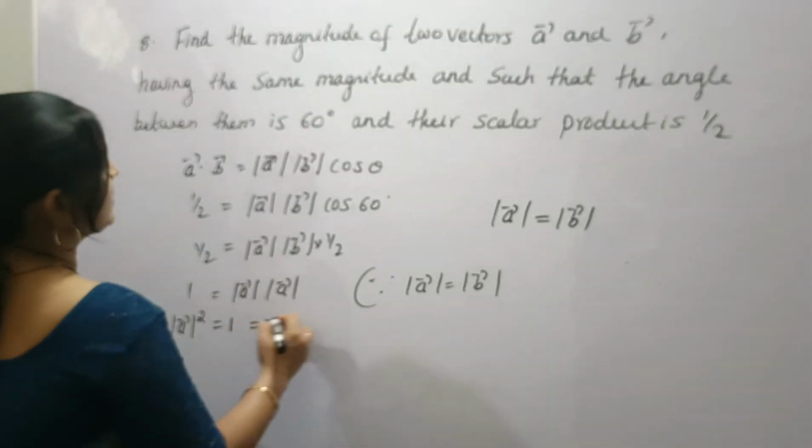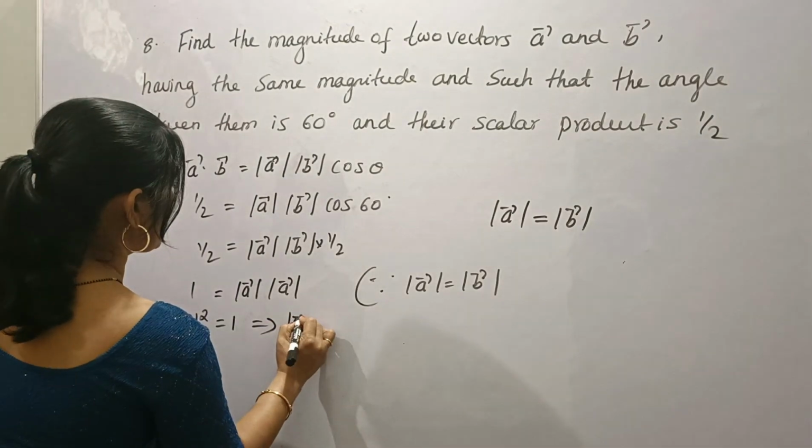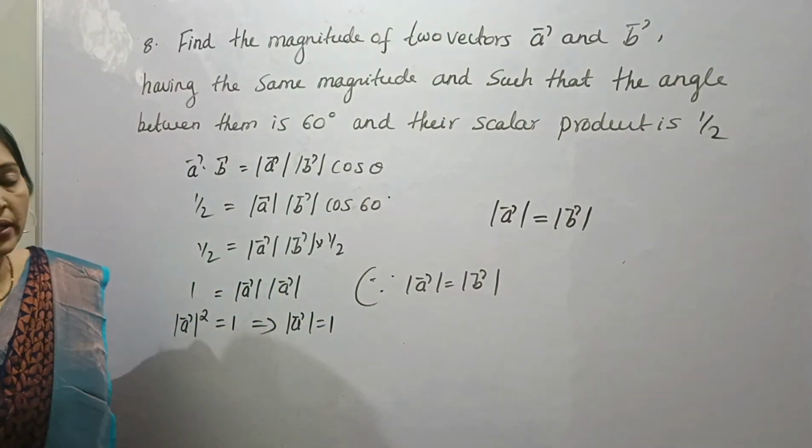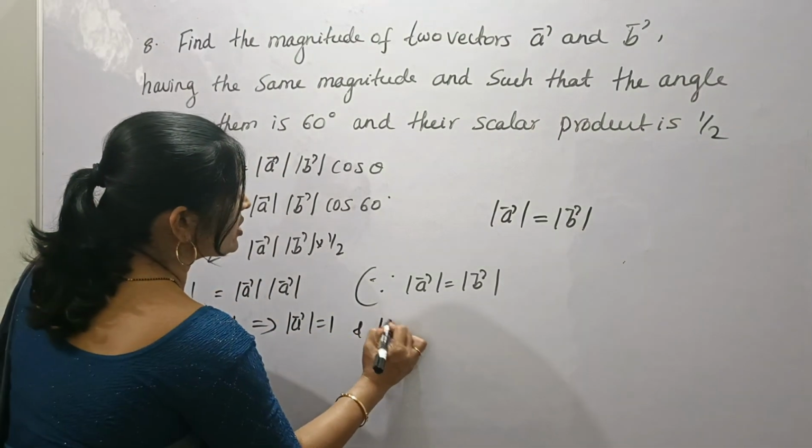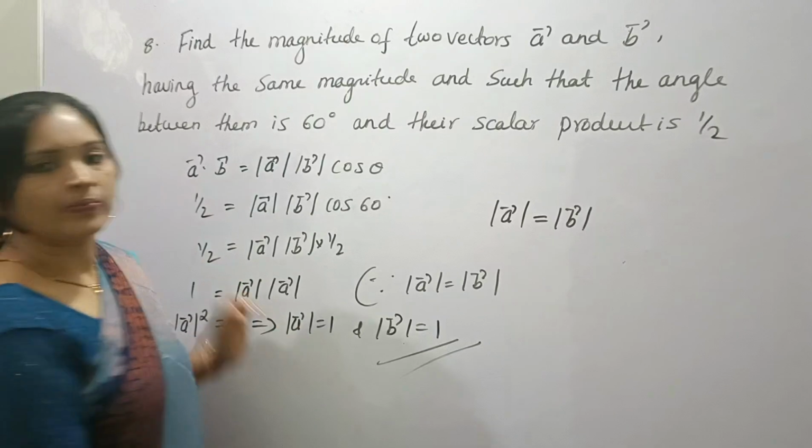That implies modulus vector A is equal to 1, and modulus vector B is also 1.